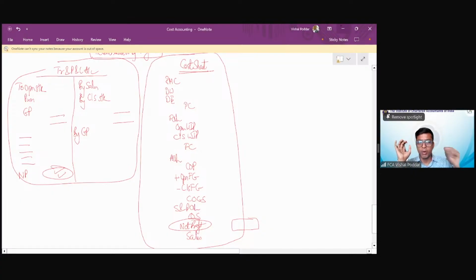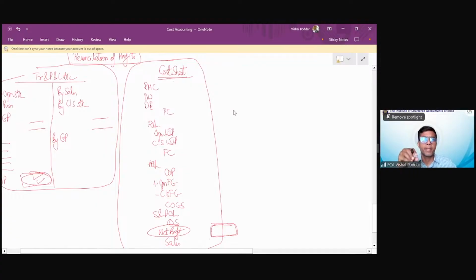So there is bound to be some reasons why the net profit figure here and the net profit figure here will never match. But as a prudent business, we should always ensure that whatever is this net profit, that has to reconcile, so that we are assured that there is no problem in either of the books.